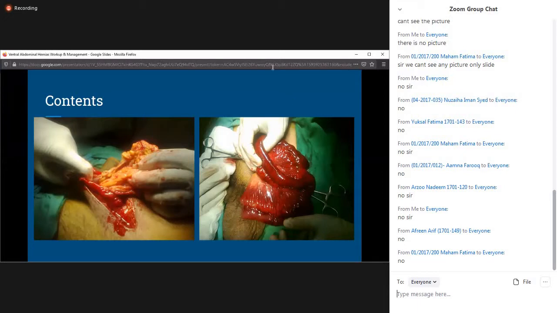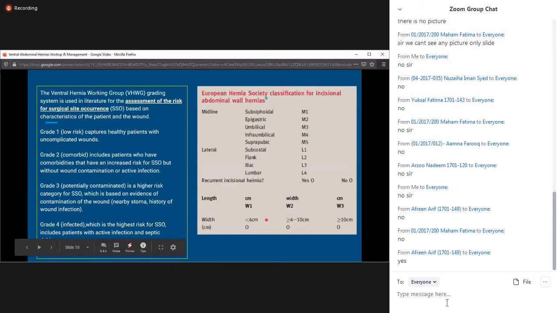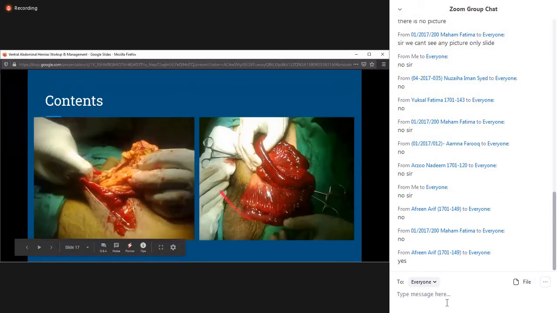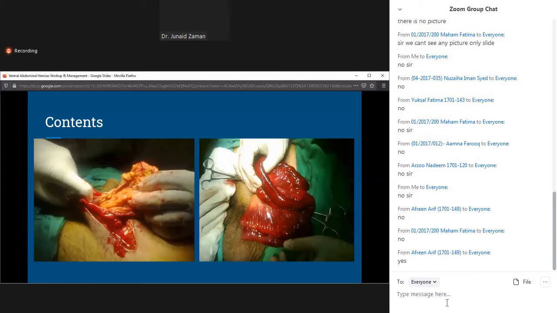Fine. You still cannot see it. Oh, what's wrong? Yeah. Yes, you can see it.